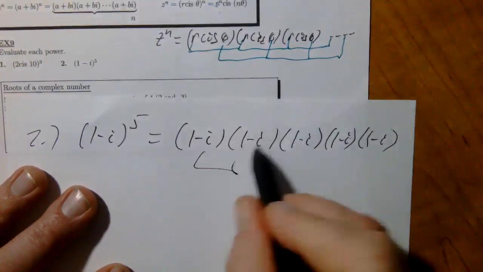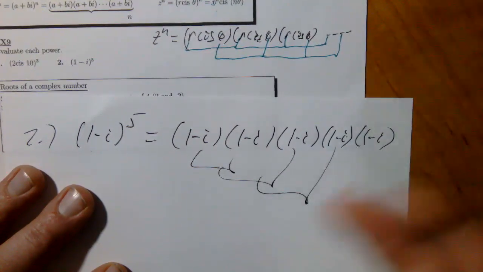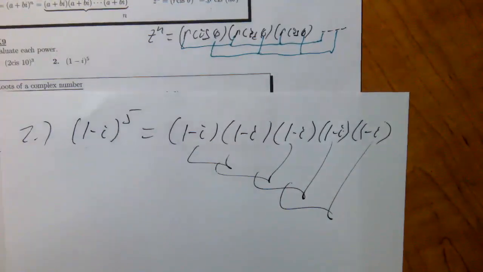We'd have to FOIL this all out, get an answer, multiply by this one, simplify that, multiply this all out, simplify that. Doable, but it's so easy to make a silly mistake because there's so much happening there.